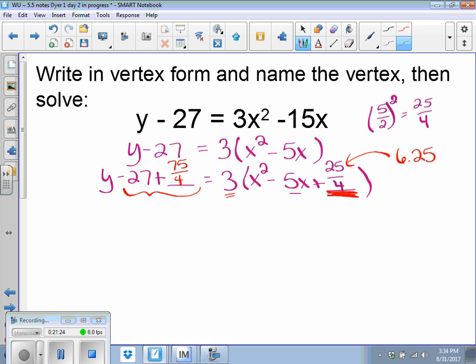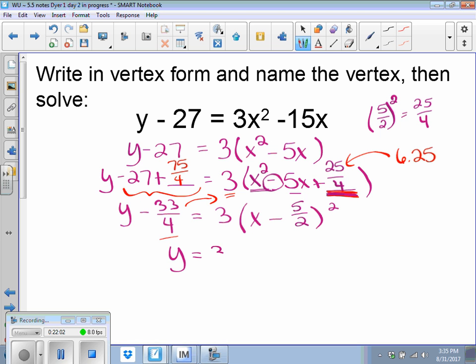Now on the left-hand side, we need to combine these two. So we have y minus 33 over 4 equals 3. Now we write our binomial. Well, square root of x squared is x. We use this sign, that's minus. And the square root of 25 over 4, we go back to 5 halves. So the last thing I need to do is I need to take this and put it back on the other side.